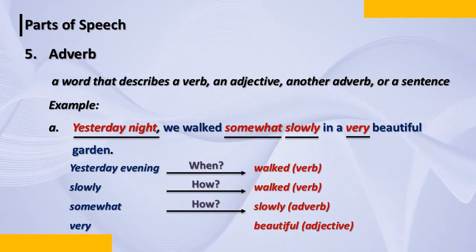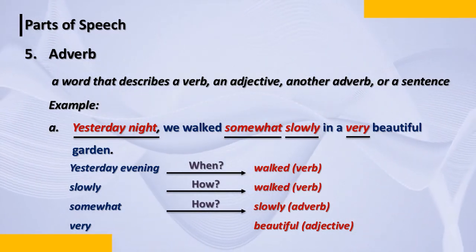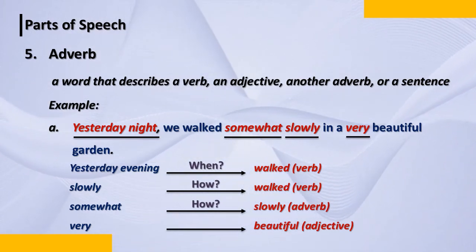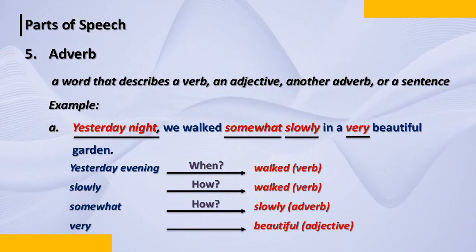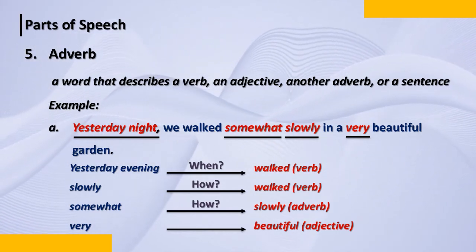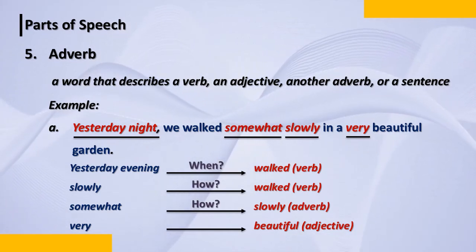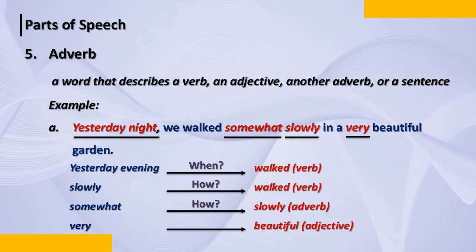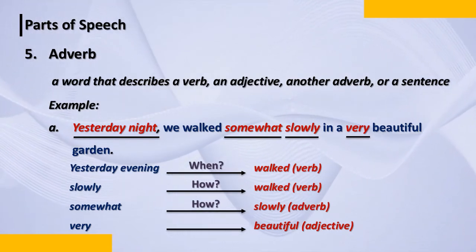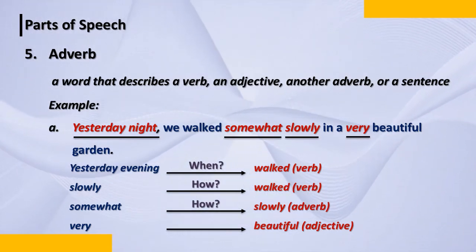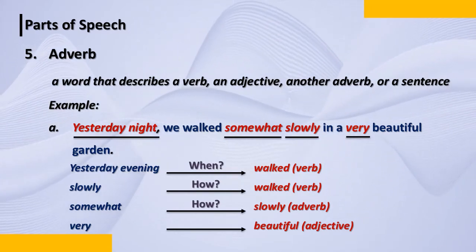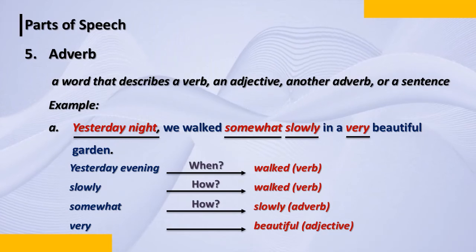So, very beautiful garden. An adverb describes a verb, an adjective, or another adverb also. Beautiful is an adjective, and in the case of somewhat slowly it is another adverb which I am describing, and very beautiful, it's an adjective.